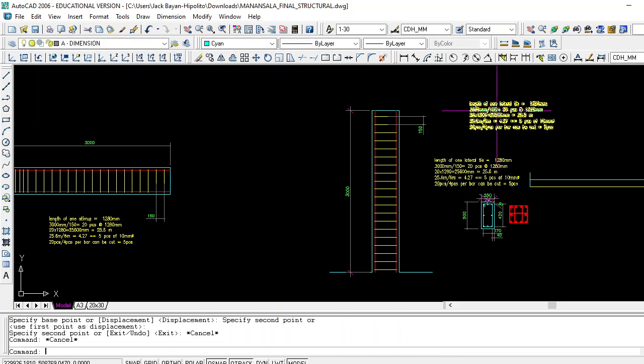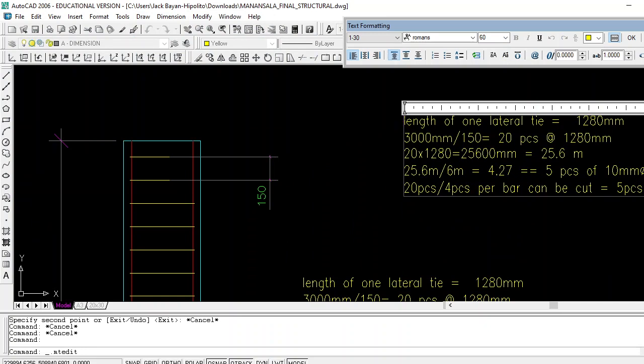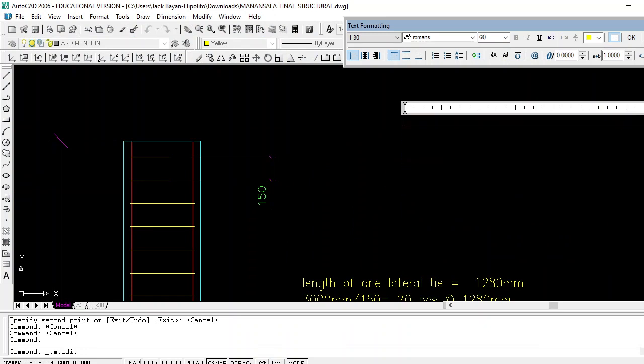Okay. So, if I will have 20 lateral ties, 20 pieces lateral ties, and each lateral tie will have 8 vertical bars that will intersect it, you multiply 20 by 8.